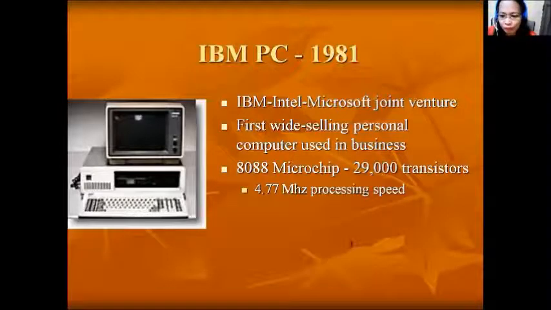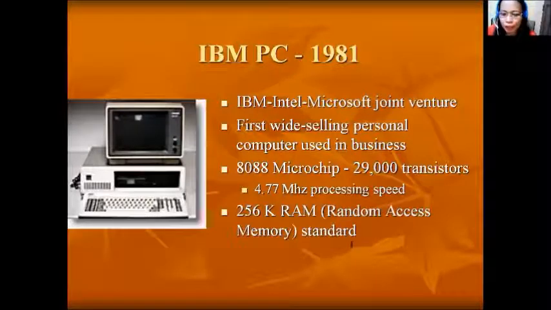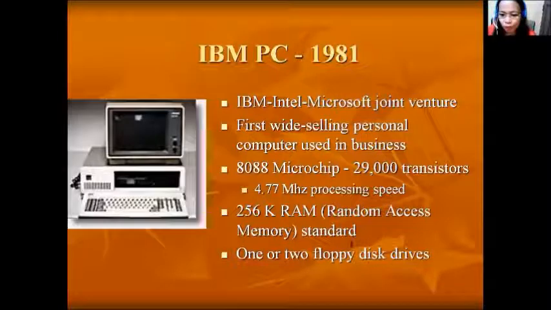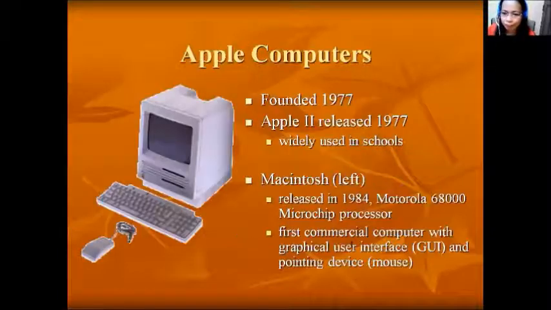So 8088 microchip, 29,000 transistors, 4.77 megahertz processing speed, 256K RAM or random access memory standard, 1 or 2 floppy disk drives. Okay? I'm not sure if you encountered the floppy disk drives, the 3.5 floppy, if you remember, or the 3 1/4. It's a box type, smaller, that is used for storage.